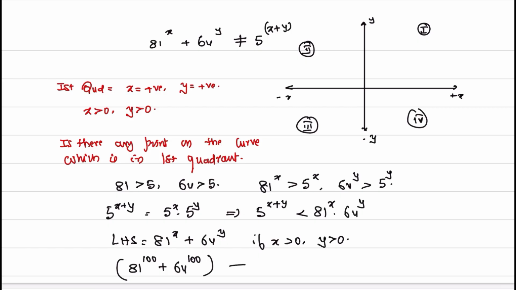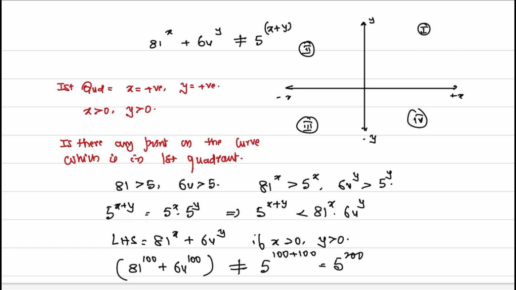Can it be equal to 5 to the power of 100? 100 plus 100. Five to the power of 200.